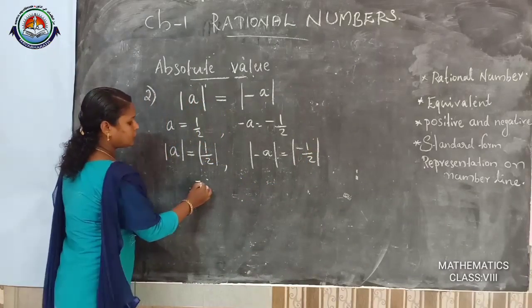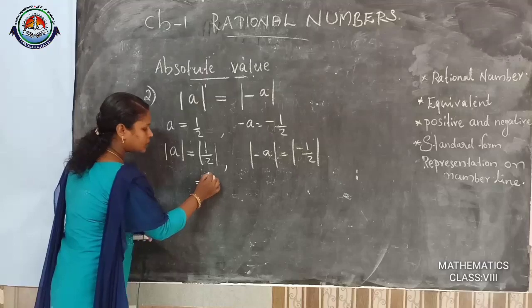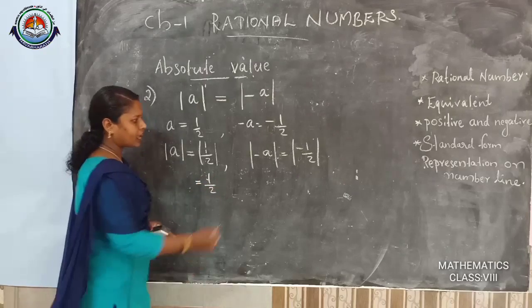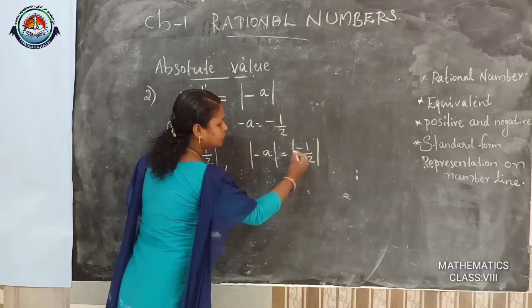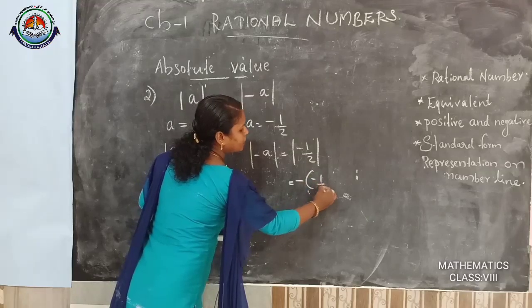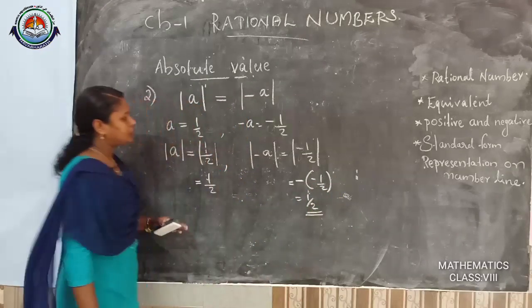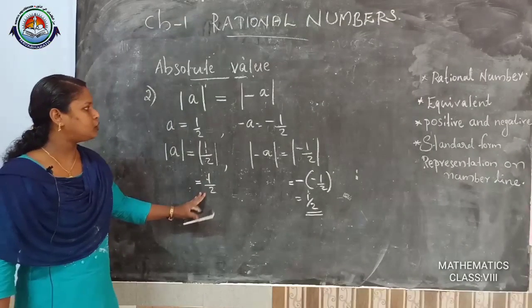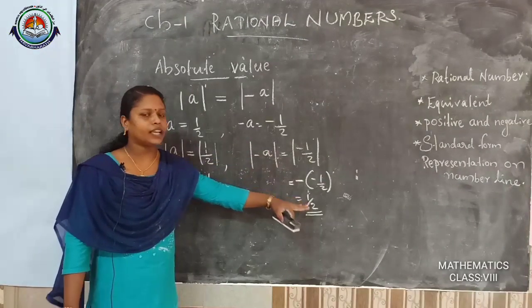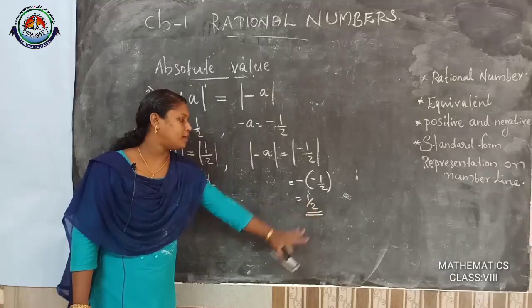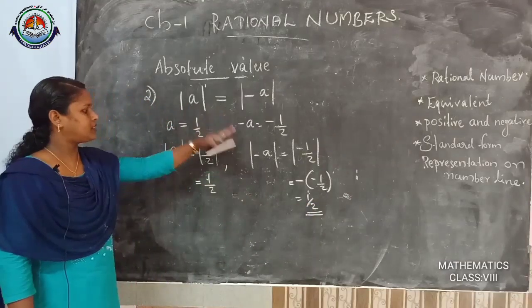Then it is equal to the number without a sign, that is 1 by 2. And here, negative 1 by 2, it is 1 by 2. So absolute value of A is 1 by 2 and absolute value of negative A is also 1 by 2. So both are same.